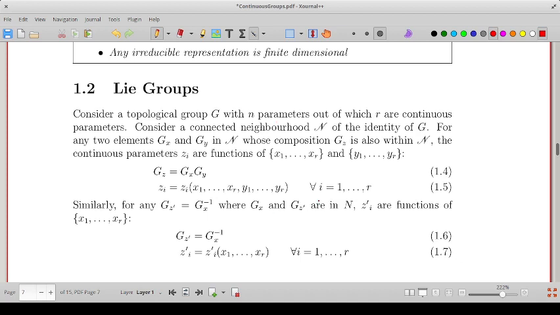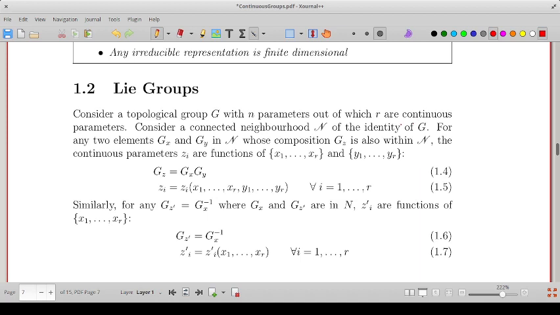Now we consider a neighborhood N of the identity of the group. Now this will be a connected piece, and in that piece we only need r continuous parameters to discuss various group elements, because we are restricting ourselves to that particular connected piece.